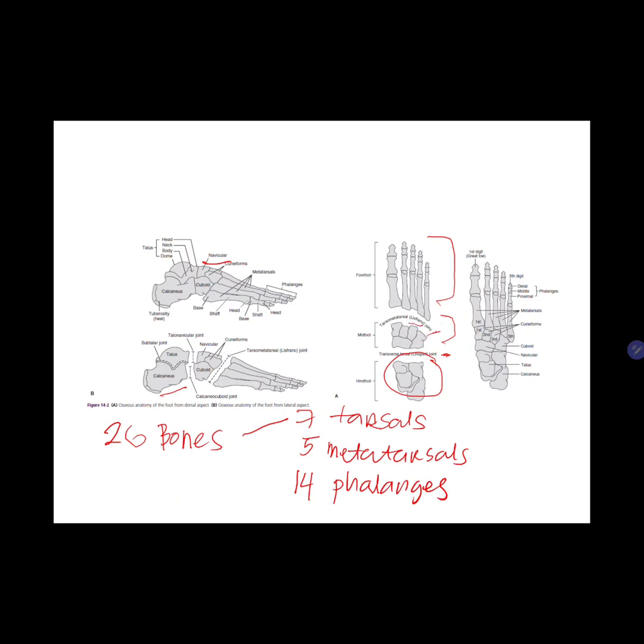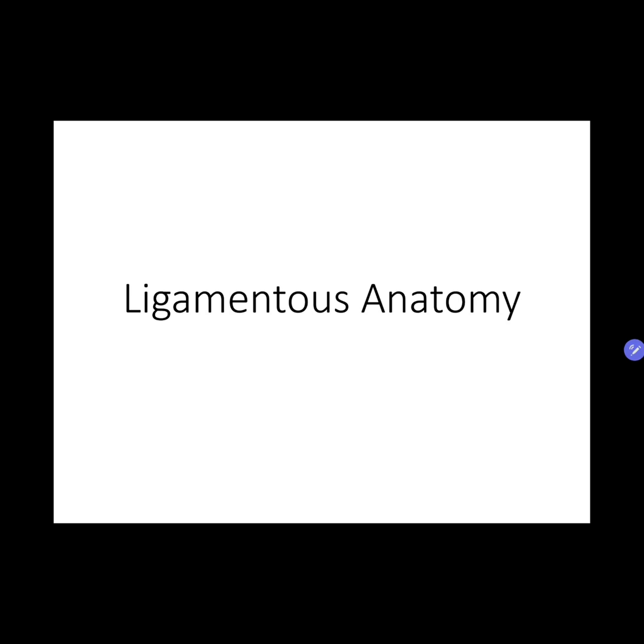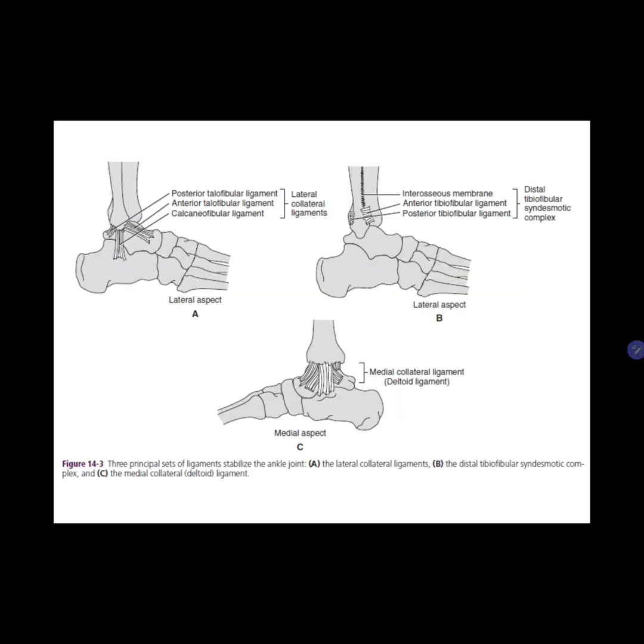For the ligamentous anatomy, okay, so there are three principal sets of ligaments stabilizing the ankle joint: the medial collateral ligament, the lateral collateral ligament, and the distal tibiofibular syndesmotic complex.